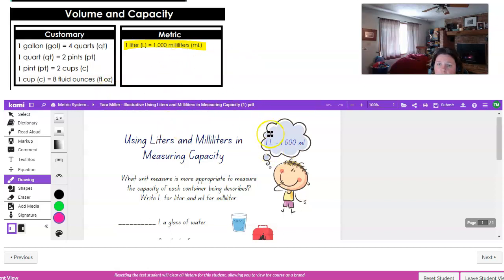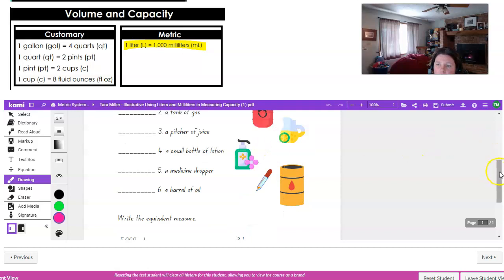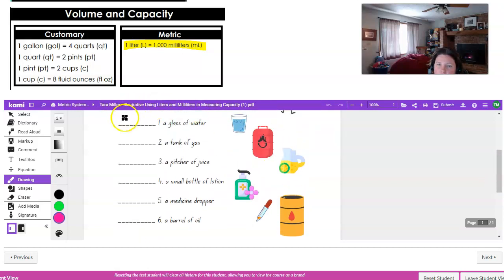So there are 1,000 milliliters in 1 liter. On the first part, you're going to put an L or ml. If you think a glass of water can be measured by liter or ml, I'm thinking ml for glass of water. Then a tank of gas, I'm guessing liters.